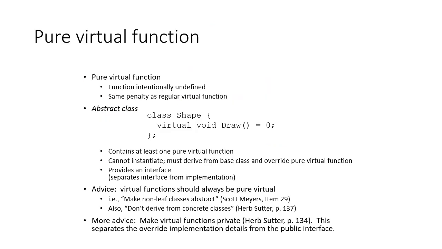And then finally, pure virtual function. A pure virtual function is nothing but a function intentionally undefined. Some penalties are as for regular functions. Then we are talking about the abstract class. What is an abstract class? I have told you in detail. The class is named Shape, and what is written over here?